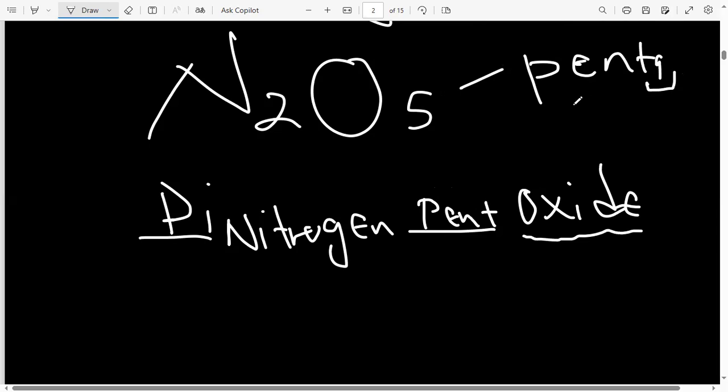So if the prefix that you have ends with a vowel, meaning it can end with A or it can end with O, you ignore that vowel when you are putting it into this name. So you're not going to write pentaoxide. No, you're not going to write pentaoxide. You are going to ignore this A here and just write pentoxide. So this would be nitrogen pentoxide.